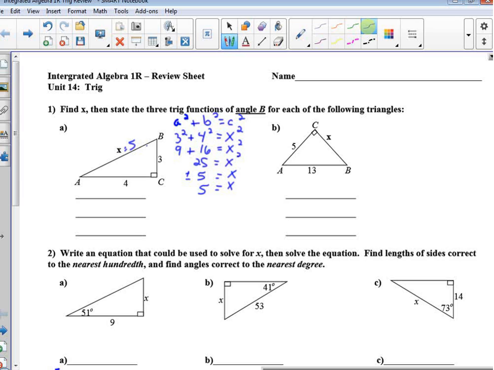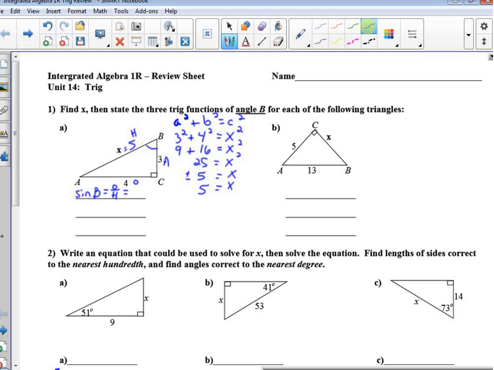So here's angle B, and you should remember that the sine of B is equal to opposite over hypotenuse. The opposite is the 4 to angle B, the hypotenuse is the 5, and the 3 is the adjacent.